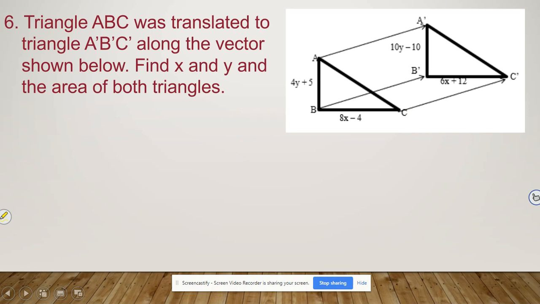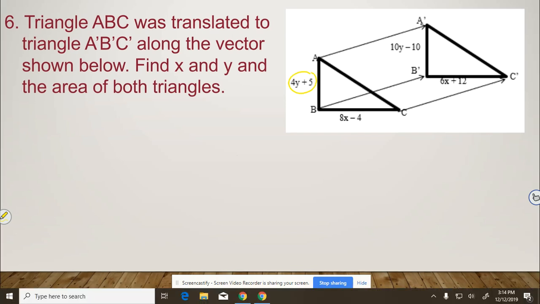All right, so here for number 6, we have triangle ABC translated to triangle A'B'C' along the vector shown below. Find x and y and the area of both triangles. Again, remember, when we have a translation, the shapes wind up being exactly the same. They are congruent. So the parts of these triangles are going to be congruent.